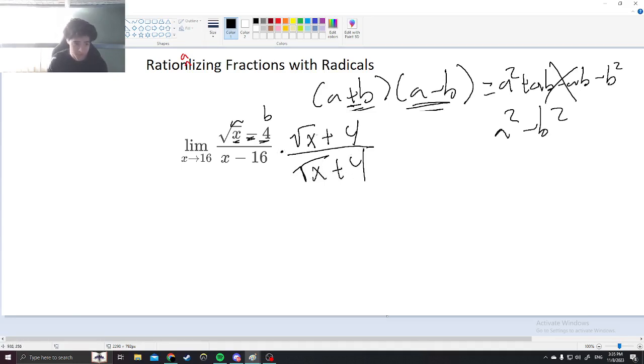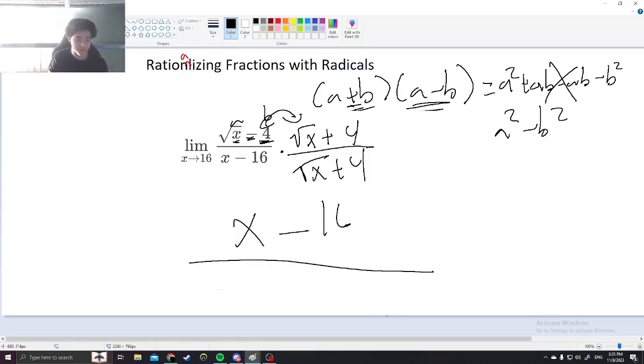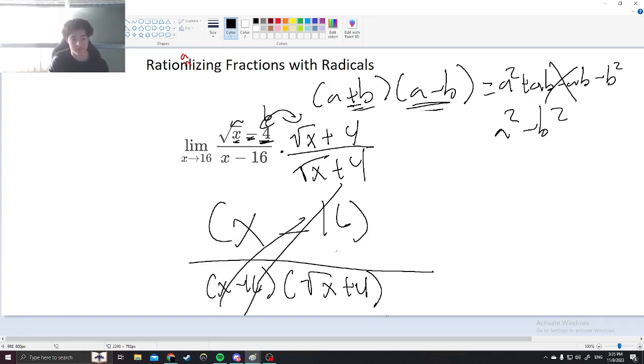And if you multiply this out, you have two conjugates times each other, so you're going to end up with a squared minus b squared, which is x minus 4 squared, which is 16. Over, you're going to have a big thing at the bottom. You're going to have x minus 16 times square root x plus 4. Now, if you see, these cancel out now, and they're gone. And you're left with 1 over square root x plus 4.